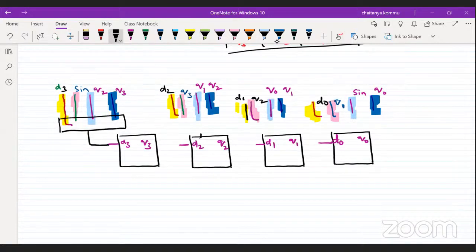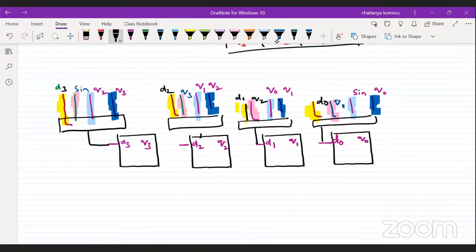Can you guess which device can select only one particular line out of n number of input signals? Yeah, simply it is a multiplexer. It is a mux, we can use it here.